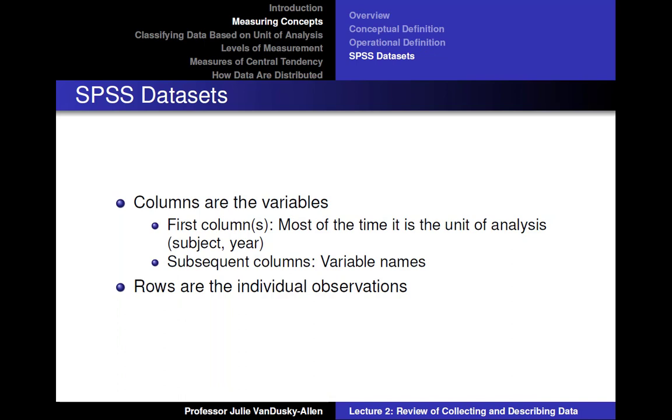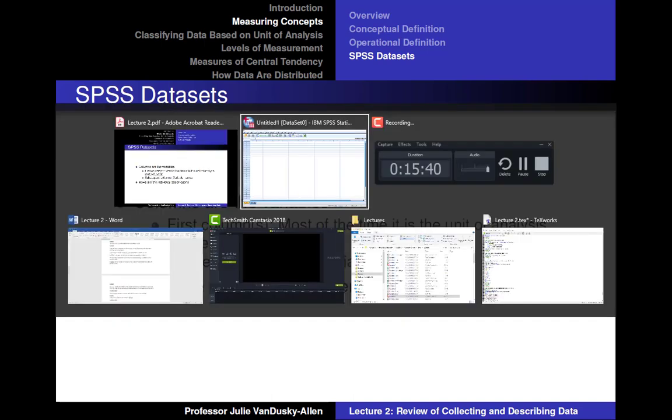After we develop our operational definition, we can then enter in the data into a statistical software program. In this class, we will be using a program called SPSS to analyze our data. In SPSS, in the Data View tab, you can enter in the data for your dataset.